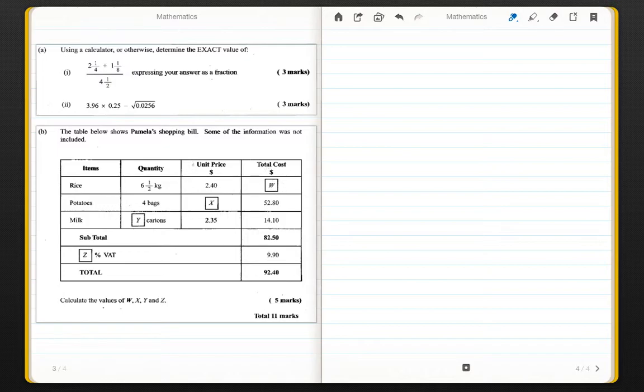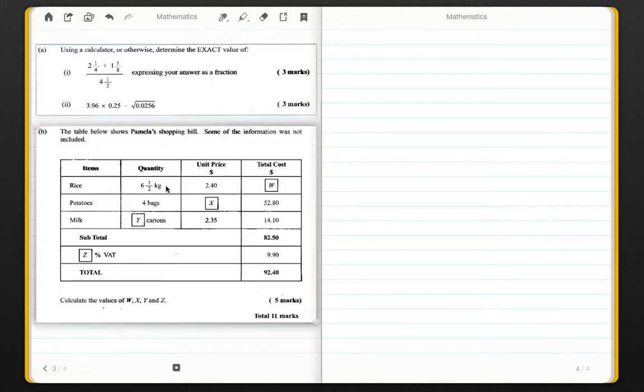So your unit price is basically the price per whatever unit you buy. So in this case, this would be the price per kg.